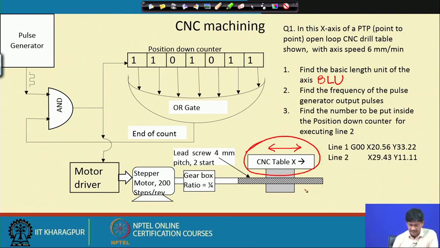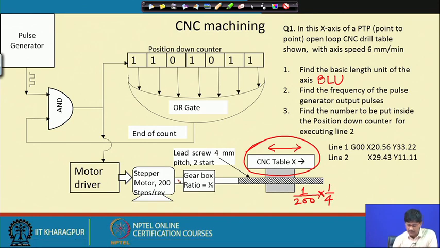So, first of all, let us see whether we can have some calculation here. Yes. First, 1 pulse must be moving the motor shaft by 1 by 200th of a rotation. So, let us write 1 by 200. This is the movement corresponding to 1 pulse. The gearbox further reduces it, multiplying it by a factor of 1/4.